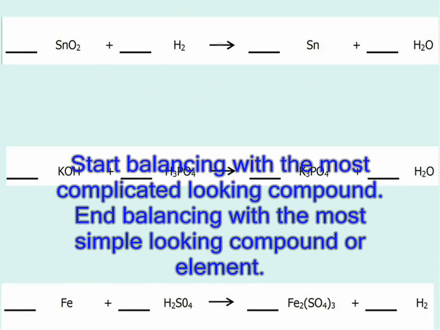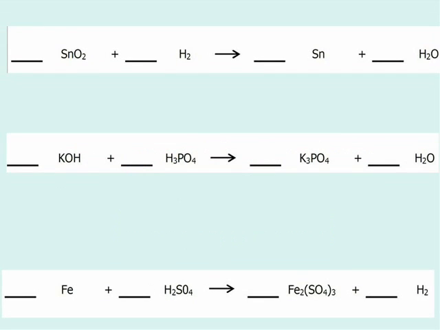So let's try some of these. When you're doing these, you want to start with the most complicated one and then end with the most simple one. So let's first just count the number of atoms of each. So we have 1 tin here on this side and 1 tin there.